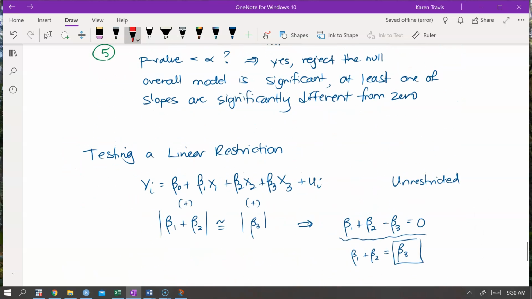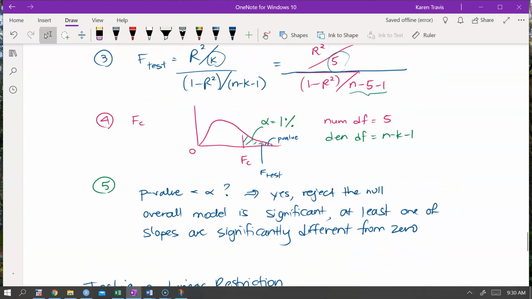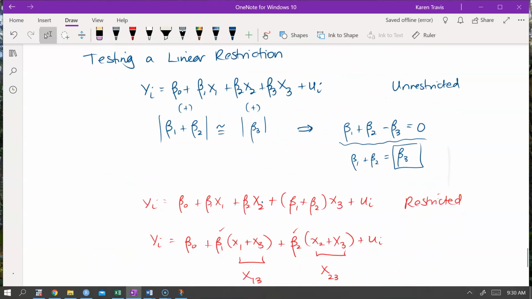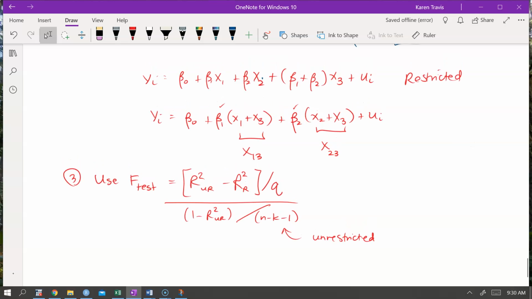Oh, whoops. Do I have my null and alternative? No, I do not. Let's put it out of order. So think about that up top, but I left it out.